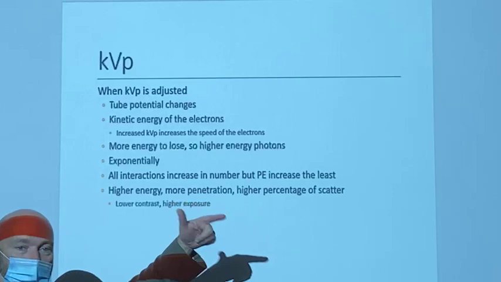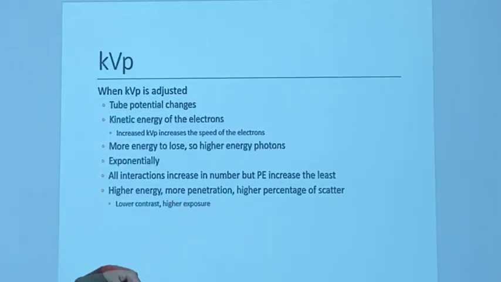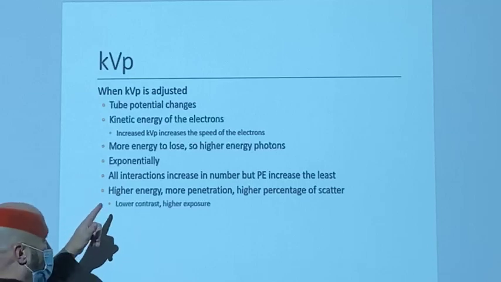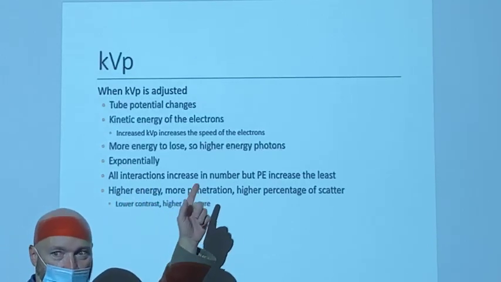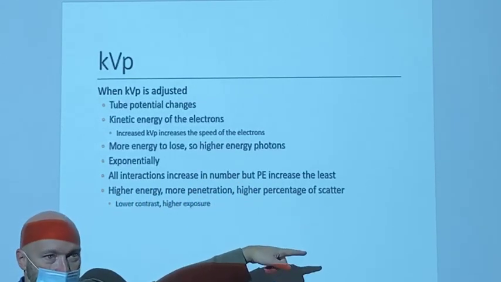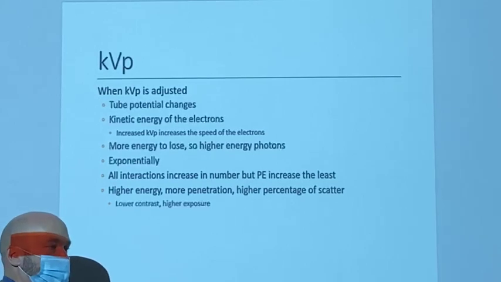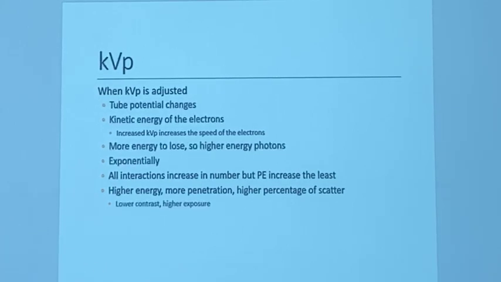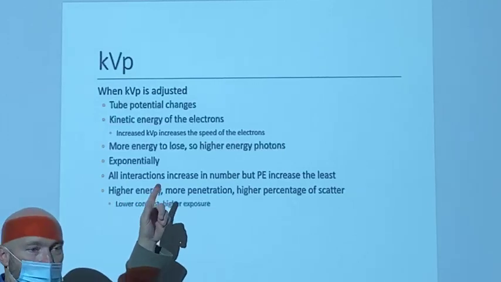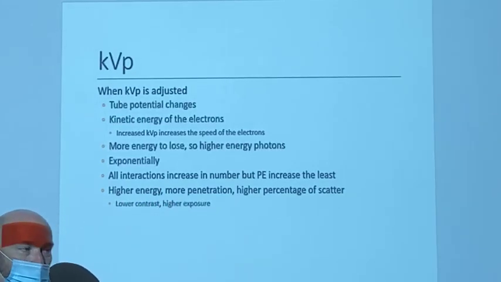Scatter radiation causes fog, and fog decreases contrast. Then you get that walkthrough on how, theoretically, increasing KVP decreases contrast because of the scatter creation, right? But at the same time, even if we removed all those scattered photons, we're still going to lose contrast because with a higher KVP, we're going to penetrate through a lot more tissues.